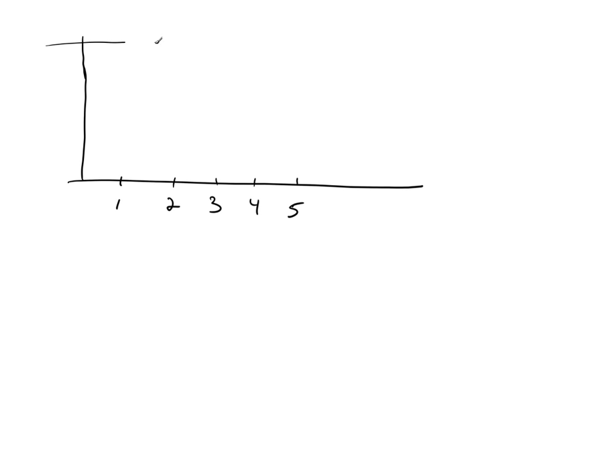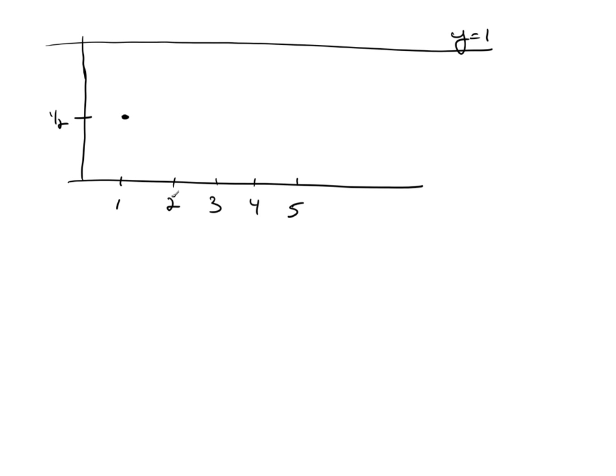We can also think about this in terms of a graph to help you visualize a little bit better. Here's 1, 2, 3, 4, 5. And let's say up here is a line y equals 1. When n was 1, I was at 1/2.